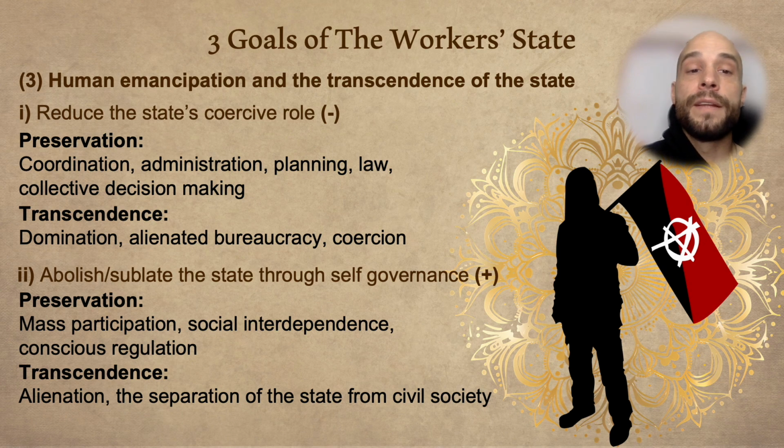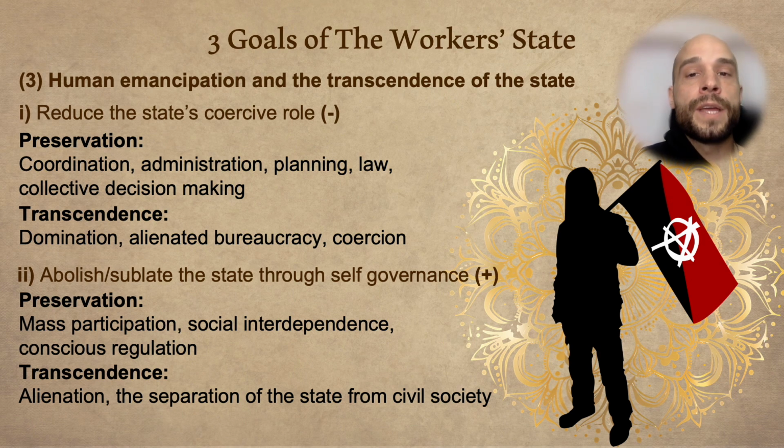This is where Avineri's Marx comes closest to what people call anarchist, though Avineri never abandons organization, law, or coordination. The state does not vanish overnight. It withers as its coercive role becomes unnecessary. Authority becomes self-limiting or self-subverting. Human emancipation, then, is not just economic security or political rights, it's the end of a world where people are ruled by forces they themselves produce: capital, bureaucracy, or the state.